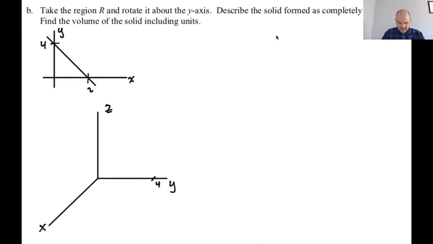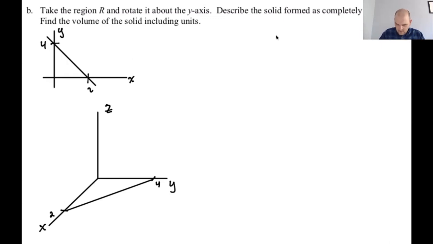And then on the x-axis, I'm going to make a tick mark parallel to the y-axis here, and I'll say that this is 2. And then I can just connect those. And so that's our region taken from the XY plane into space. We didn't rotate it yet, but that'll be in space.